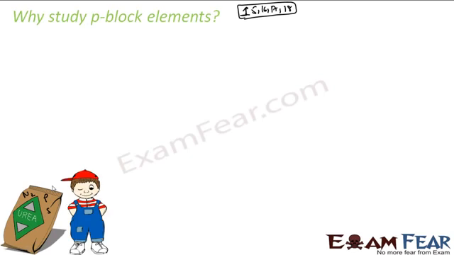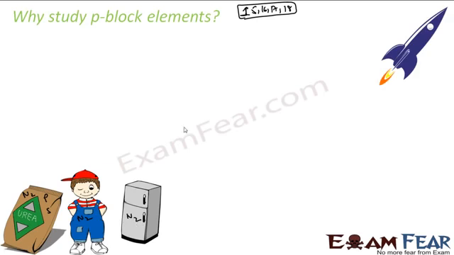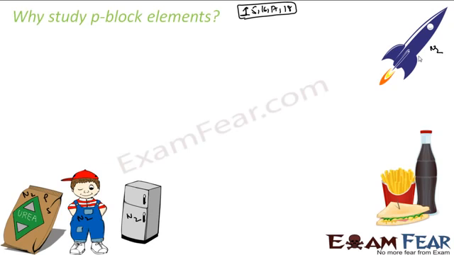If we talk about human beings, the proteins which we have, the muscles which we build, that is also nothing but nitrogen, and that is a P block element. In refrigerants we use nitrogen. In rocket fuel we use nitrogen. In the food industry, when you prepare soft drinks, baking powder, etc., you use phosphorus.